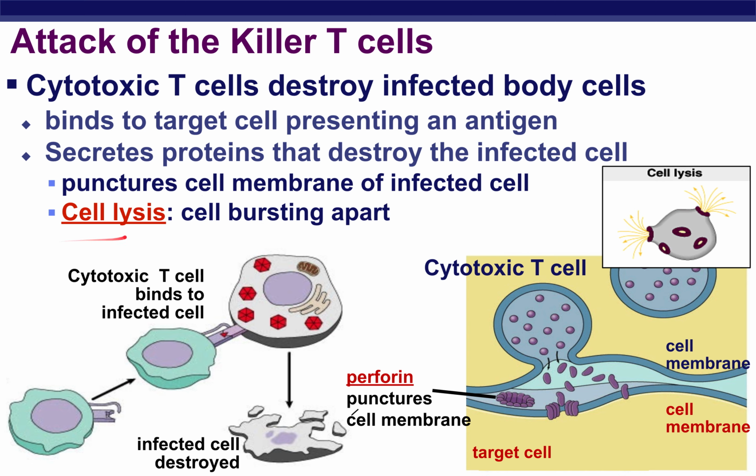That's going to cause what we call lysis, or cell bursting. The actual main protein weapon that it uses is something called perforin. You don't have to know that, but just a heads up, there are proteins made by the cytotoxic cell that are used to burst the infected cells apart. So those cells can no longer manufacture dangerous viruses.